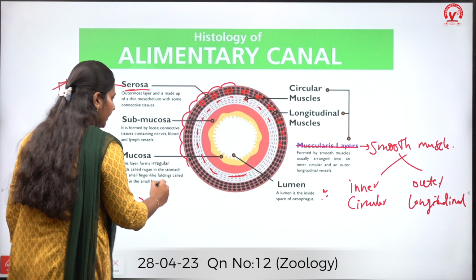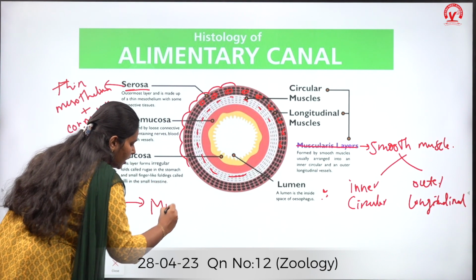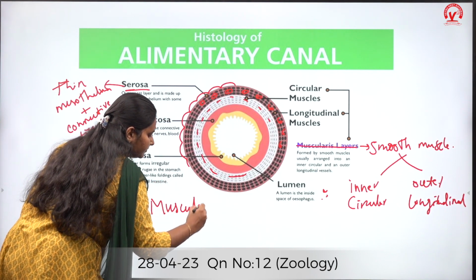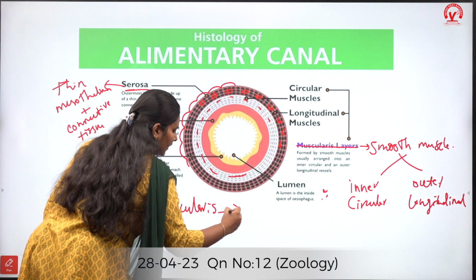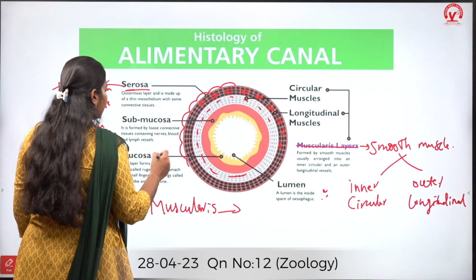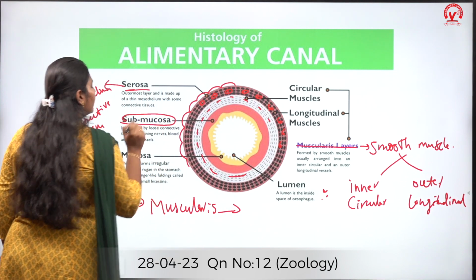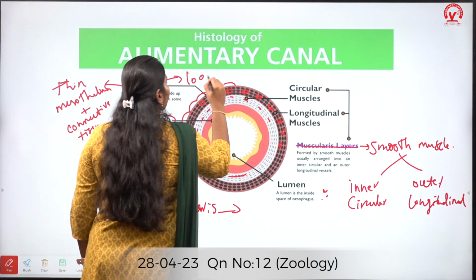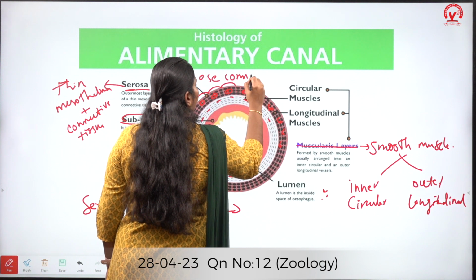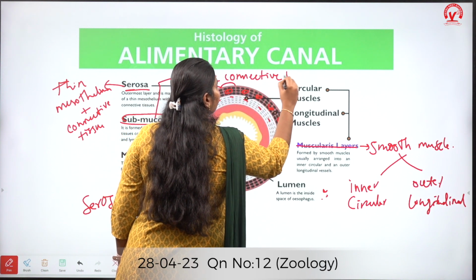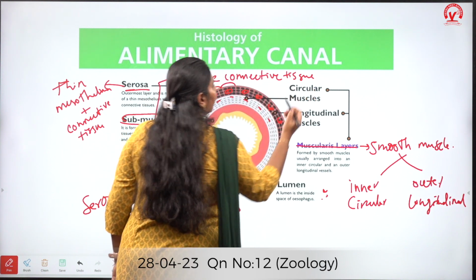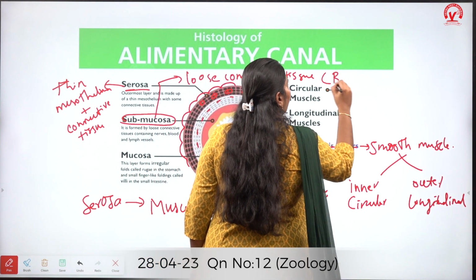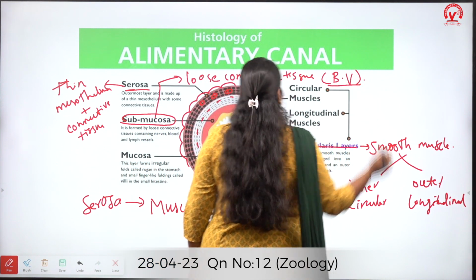So the second layer after serosa is muscularis, and the third layer is submucosa, which is usually made up of loose connective tissue where numerous blood vessels are found.